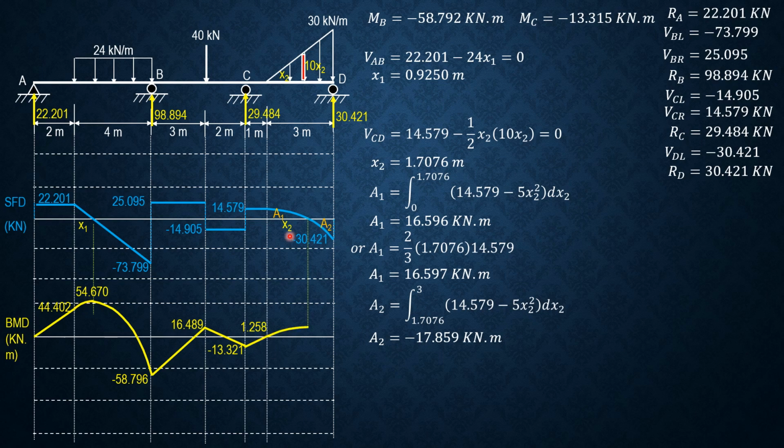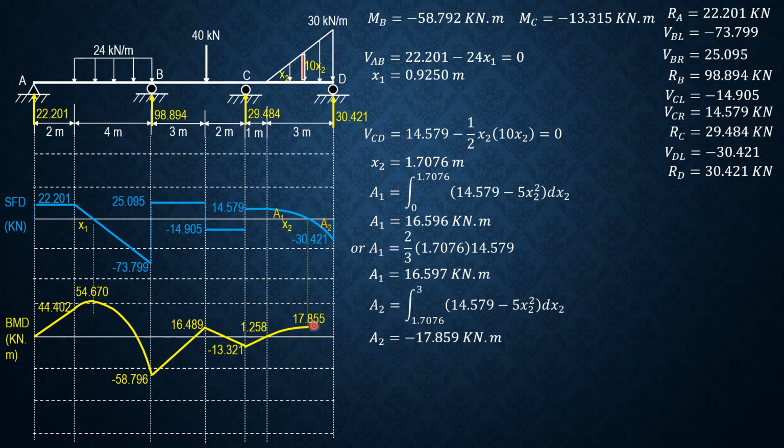So 1.258 plus area 1, which is 16.597, is 17.855. That's the maximum for this span, positive moment. But the maximum moment is negative 58.792. The positive moment is on this 54.67 on span AB.